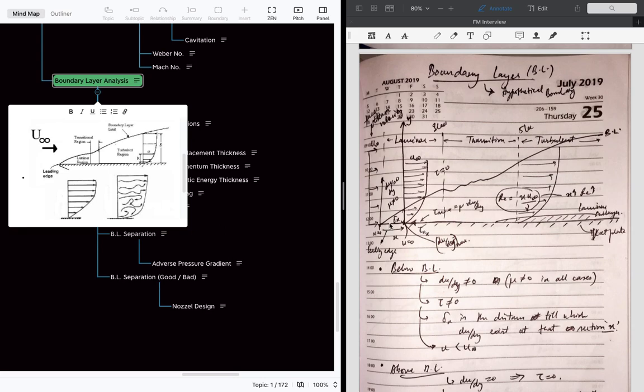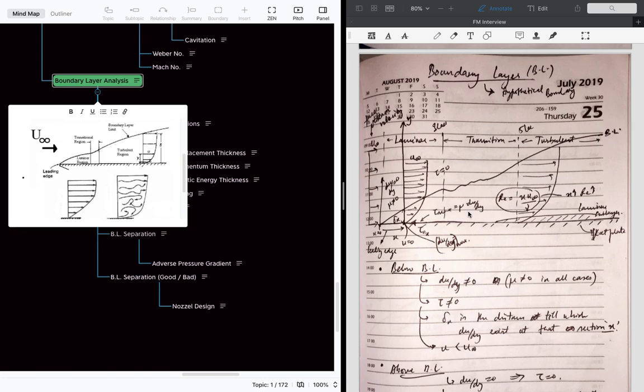For a flat plate, the fluid is moving like this, and here is the friction on the plate. Due to the friction as well as the viscosity of the fluid, a parabolic velocity profile is created. And there is a line which can be drawn like this.